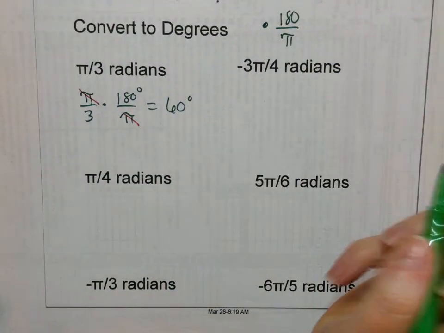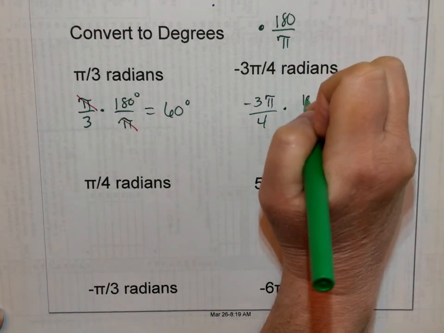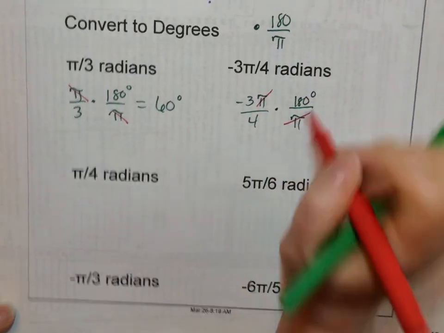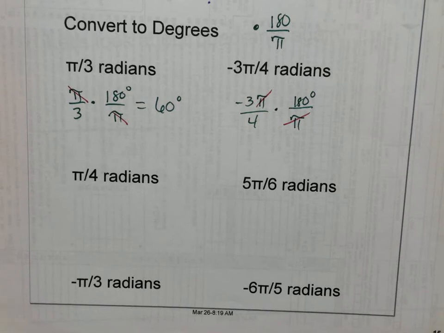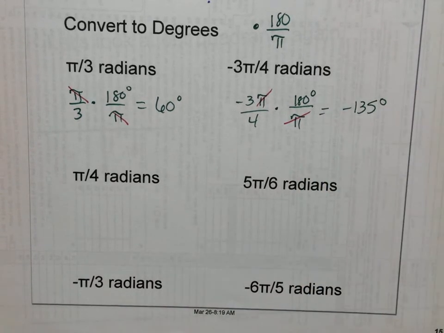Okay. How about negative 3 pi over 4? I multiply by 180 degrees over pi. The pi's cancel. 180 divided by 4 is what? 45. And 45 times 3 is what? Negative 135 degrees.